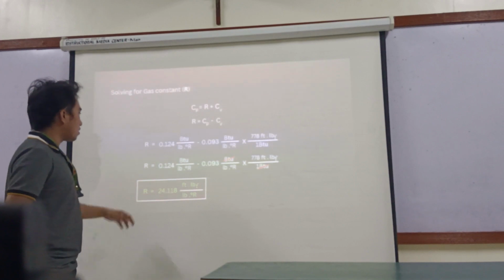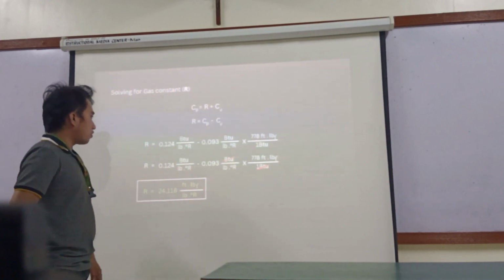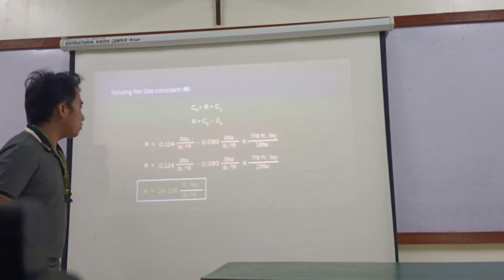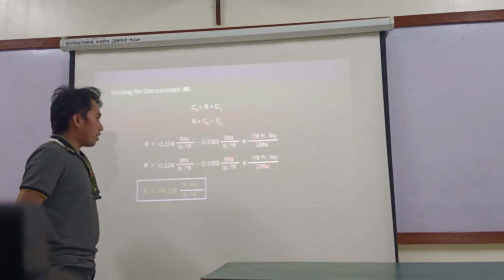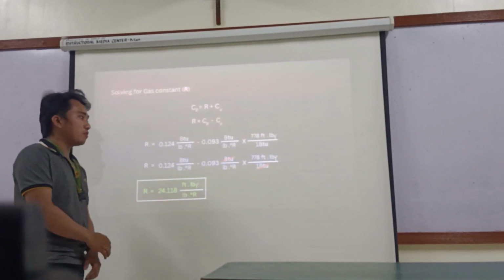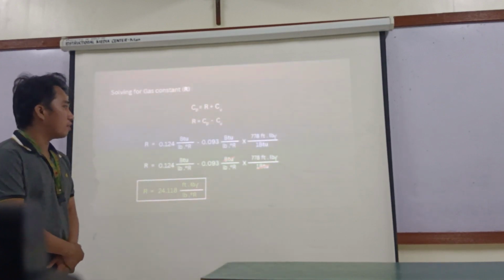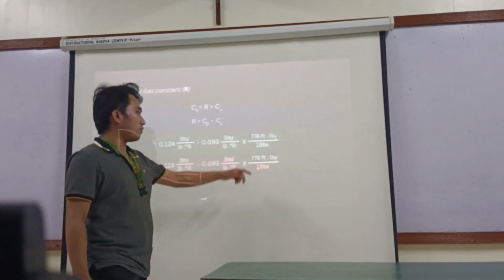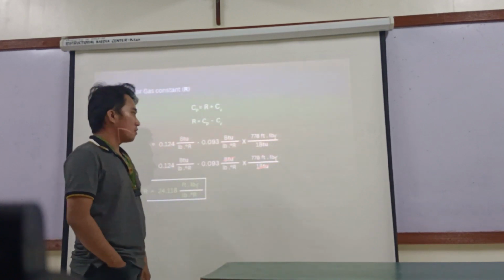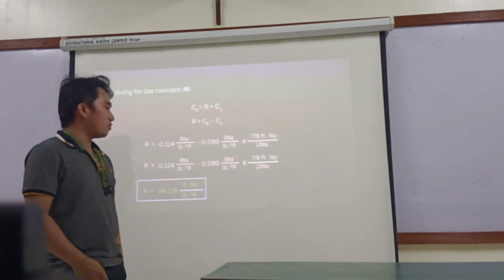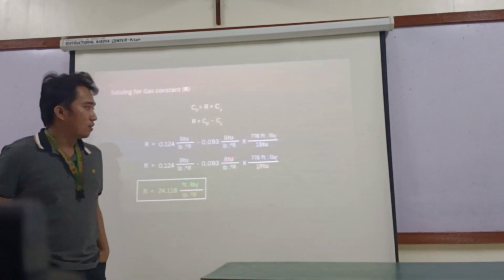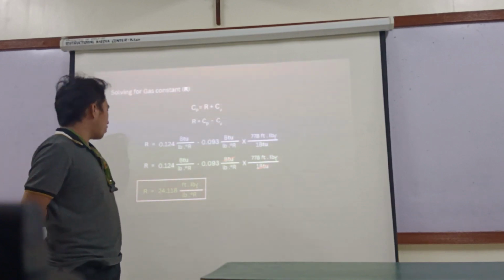So the gas constant is equal to 0.124 British thermal unit per pound degree Rankine minus 0.093 British thermal unit per pound degree Rankine, times the conversion: in every 1 BTU, or British thermal unit, there is 778 foot pound force.